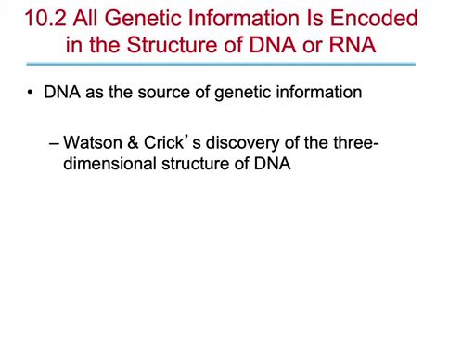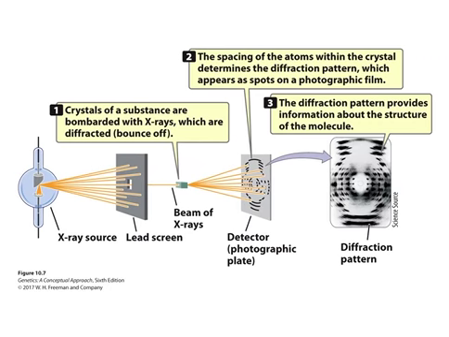Before Watson and Crick's breakthrough in elucidating the structure of DNA, a lot of the basic chemistry of DNA had already been determined by Miescher, Kossel, Levine, and Chargaff, as well as others who established that DNA is made up of nucleotides and that each nucleotide contains a sugar, a nitrogenous base, and a phosphate group. But how the nucleotides fit together in three-dimensional structure was unclear.